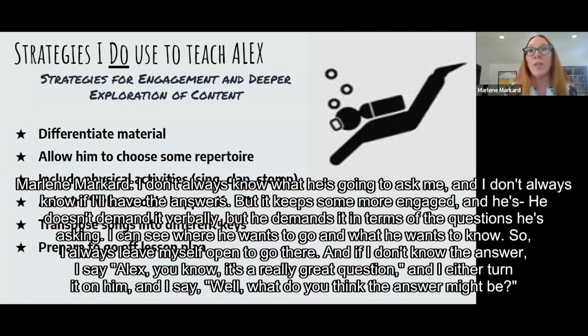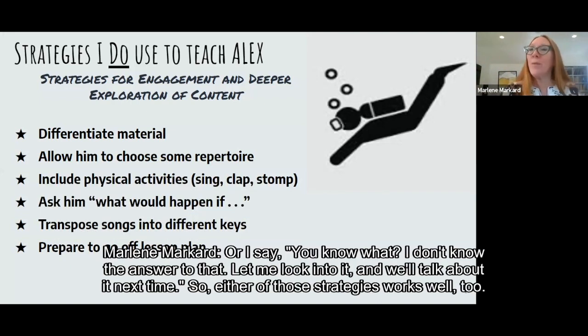I can see where he wants to go and what he wants to know. So I always leave myself open to go there. And if I don't know the answer, I say, Alex, that's a really great question. And I either turn it on him and I say, well, what do you think the answer might be? Or I say, you know what, I don't know the answer to that. Let me look into it and we'll talk about it next time. So either of those strategies works well too.